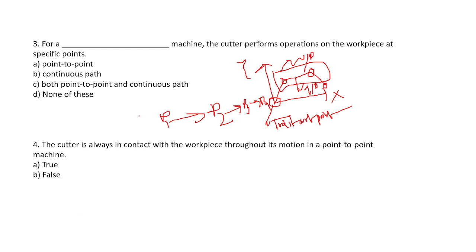Okay. For that, in continuous path, which is the other type, the path it has to generate is important here. So I'll draw that also, so you can understand from that. If you draw here, it seems like this kind of tool path.